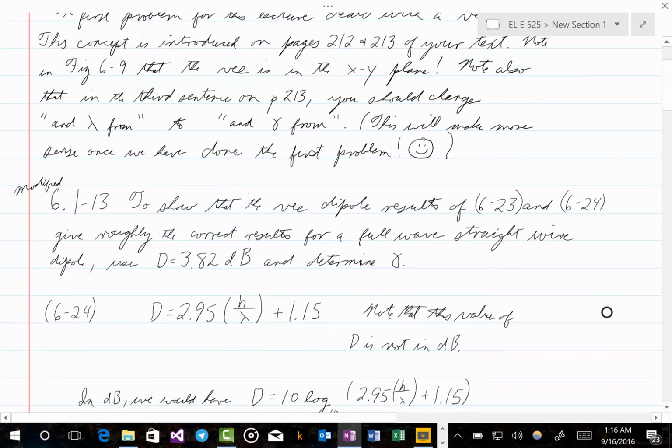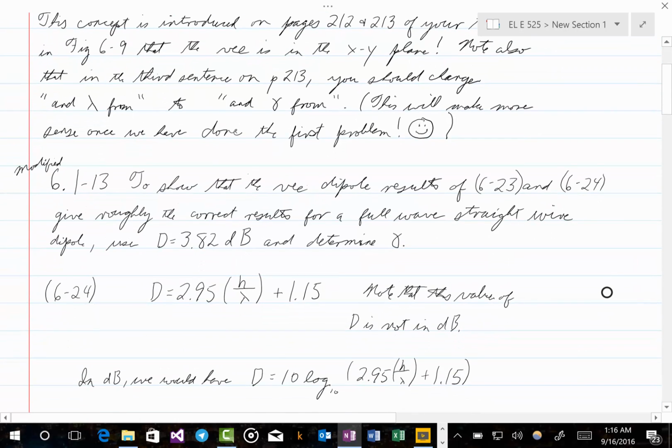So what they're giving us here is these equations 6.23 and 6.24 for the V-dipole. If you notice, 6.24 is for calculating the directivity of the V-dipole in terms of h over lambda, and then 6.23 is for calculating gamma, which is the opening of the V-dipole in degrees, and that's in terms of h over lambda.